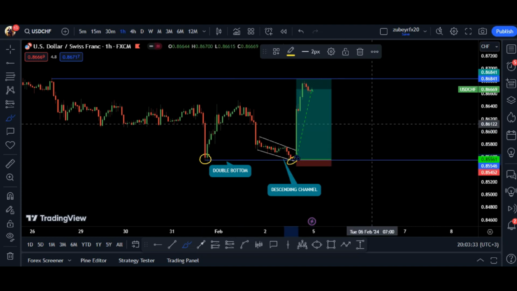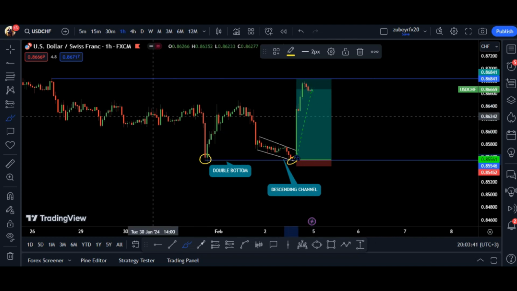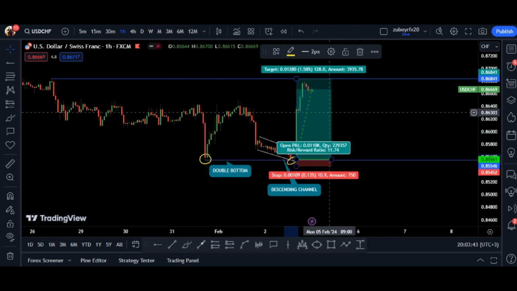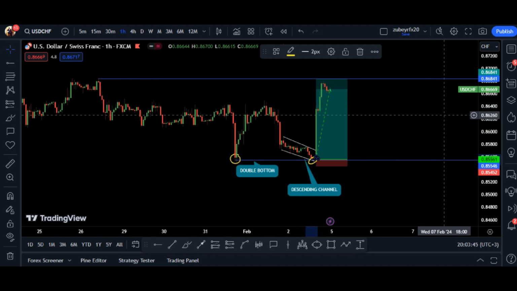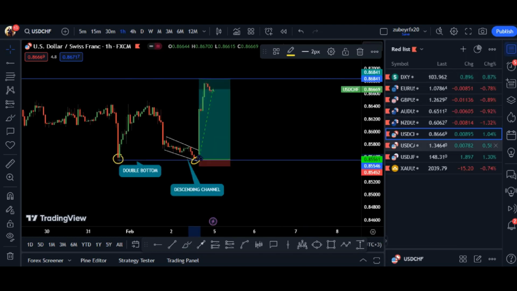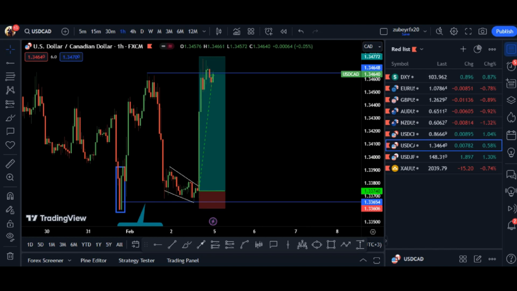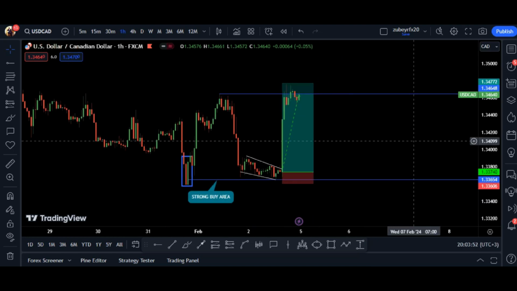All these confirmations, guys, show that this pair will be in a strong buy direction. That's why we already got 128 pips. Also here we have USD/CAD.